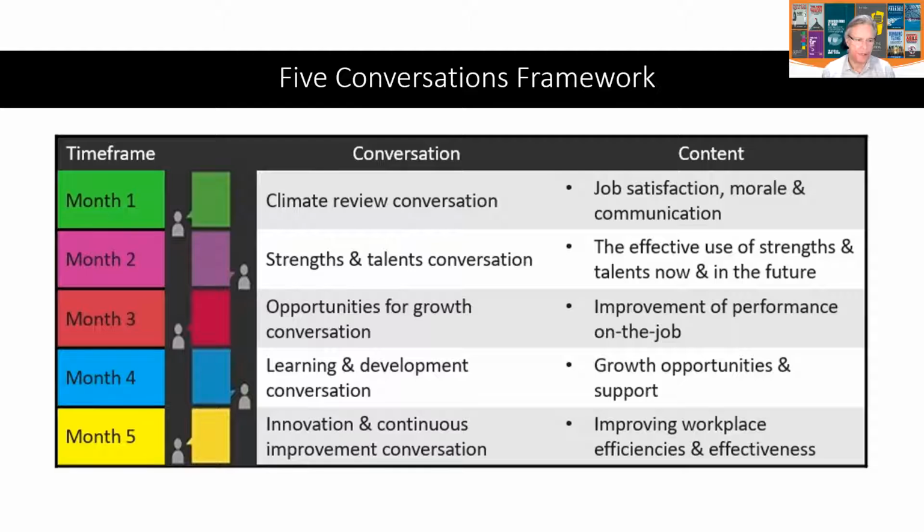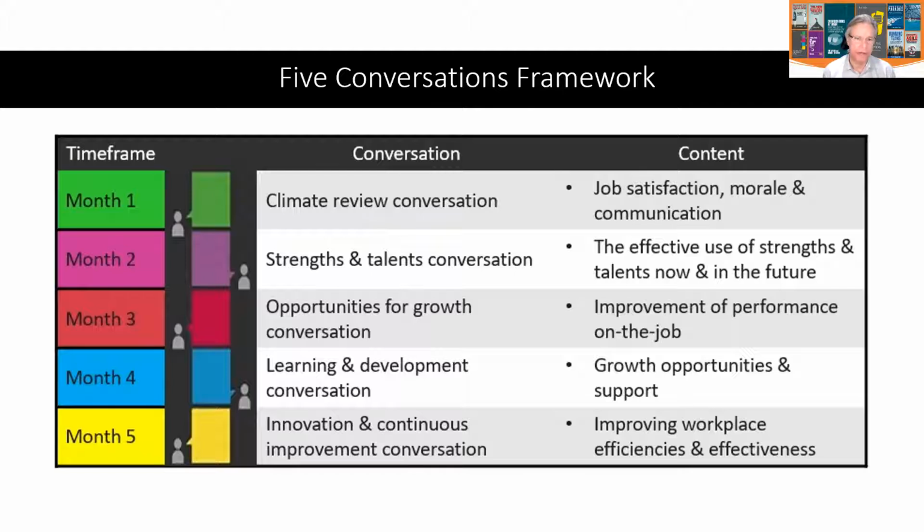You'll notice that on the left-hand side, you've got 5 months. So 1 conversation a month. Whether this is once every 3 weeks or once every 4 weeks doesn't matter, as long as it continues to happen. For each month, there is in the middle column a theme, and that's the theme that you will talk about during that month.